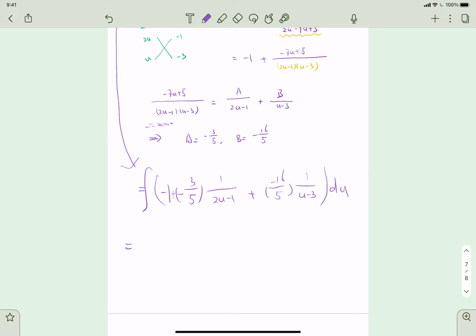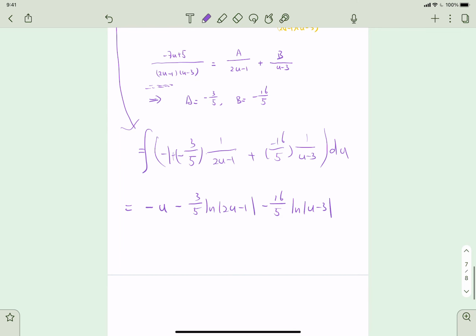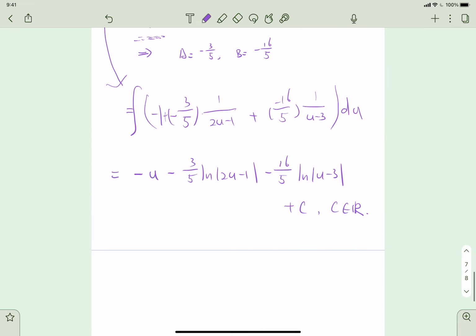This is going to be negative u for the first term, and the second term is negative 3 over 5 ln of 2u minus 1. The last term is negative 16 over 5 ln of u minus 3, plus c, always. So we have our integral here.